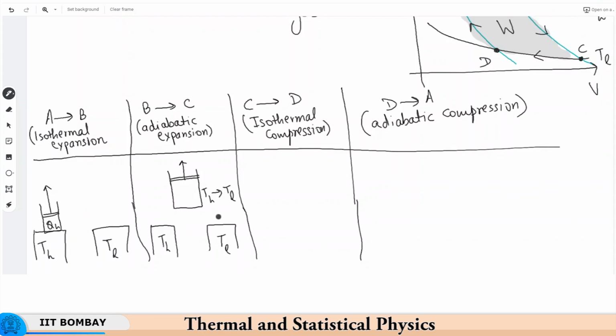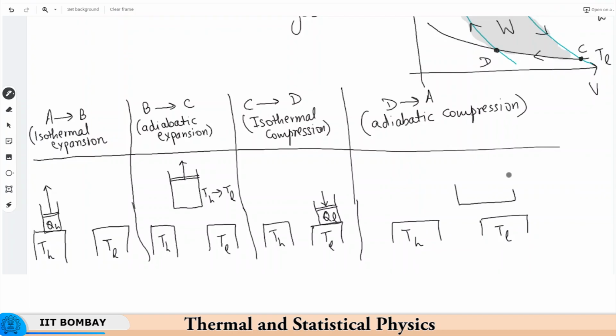Then again we have TH and TL, and now we are talking about C to D, where the volume of the system goes down. We put this system in contact with the cold reservoir, and it is compressing, and the system dumps heat QL into the cold reservoir, and D to A is further an adiabatic compression. So, we have the hot reservoir and the cold reservoir, and this system further, so I am drawing this system.